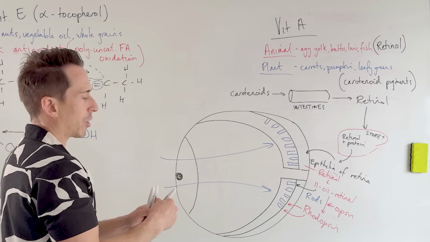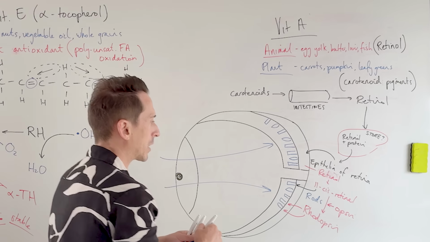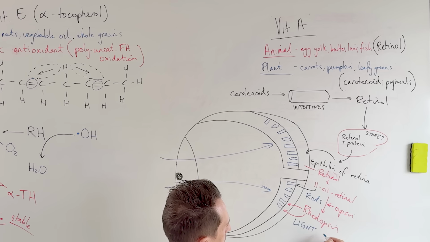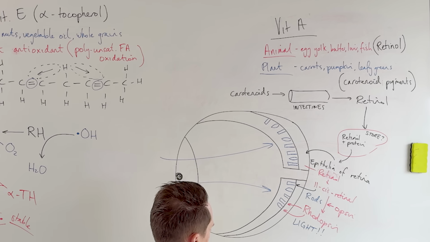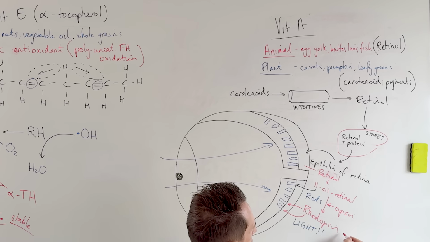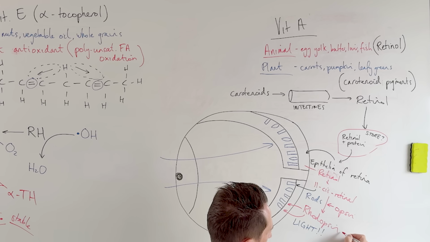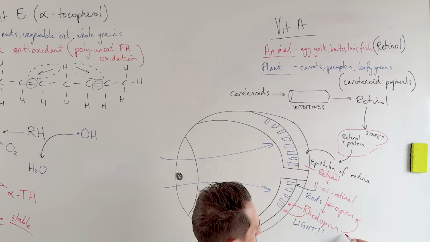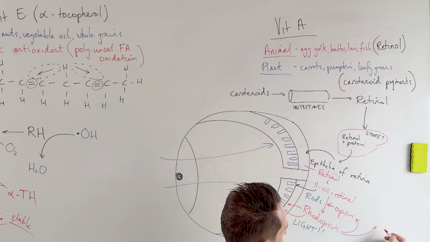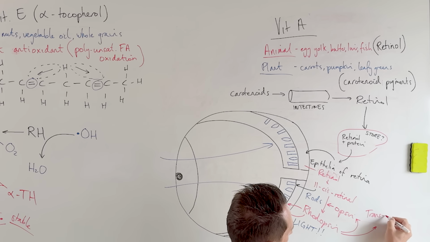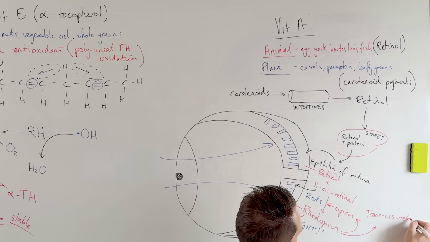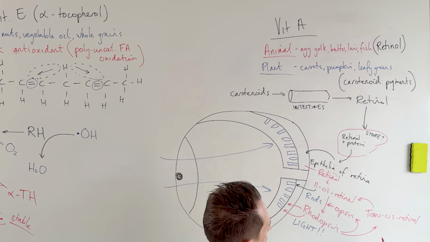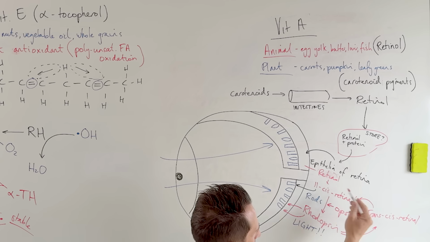When light hits the rods and cones, it activates the rhodopsin, and the opsin comes off. It then forms trans retinal, and that needs to be turned back into 11-cis retinal to be transported.